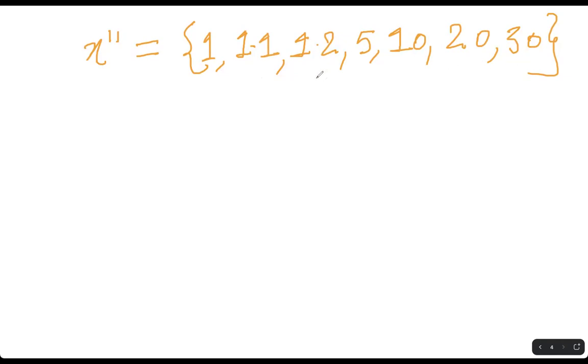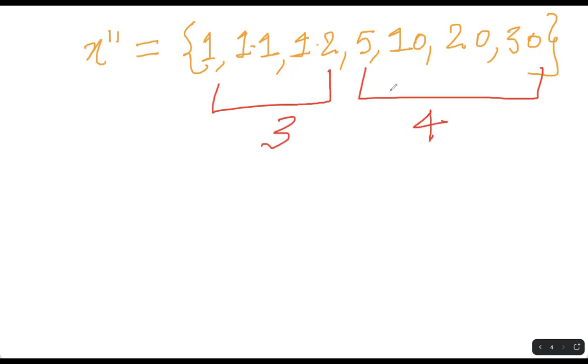But the problem here is, I have more than half of my points corrupted. These are 4 points and these are my 3 points. Total 7 points are there. So you can see more than half of my points are corrupted, that is, they are outliers. Let's assume all these are corrupted.